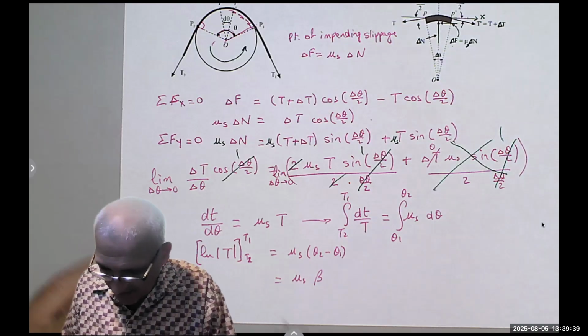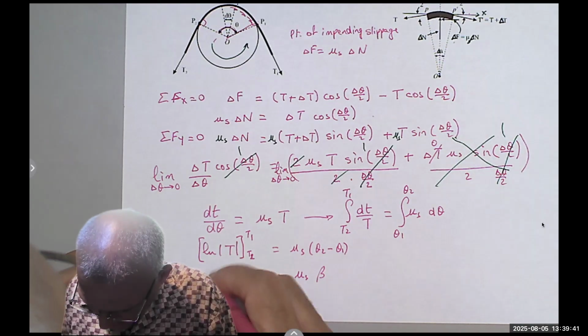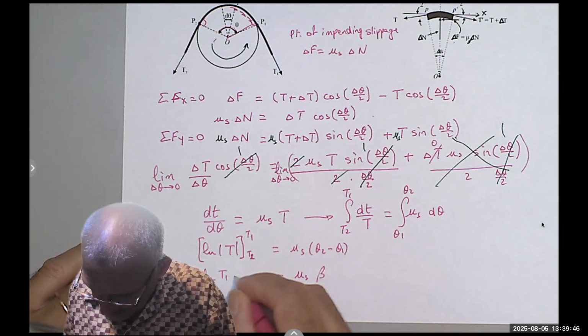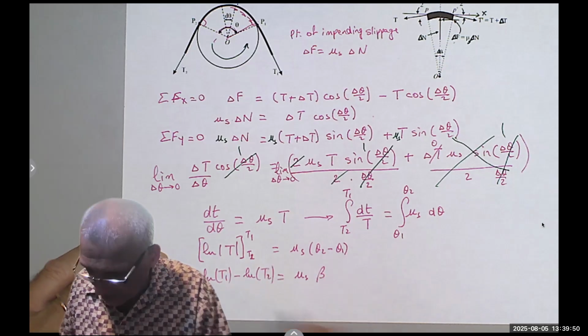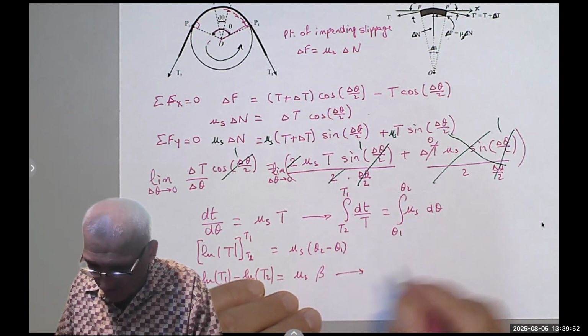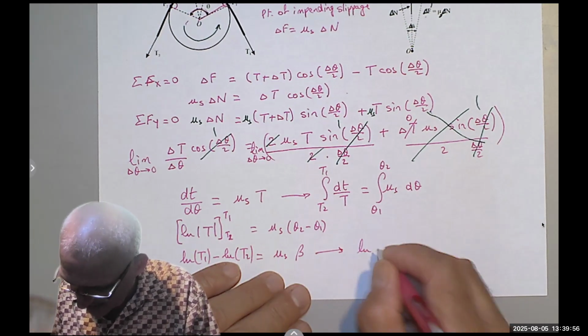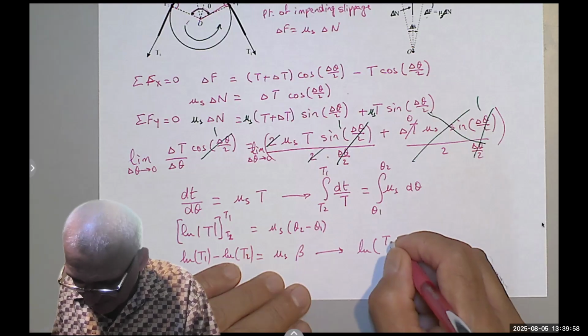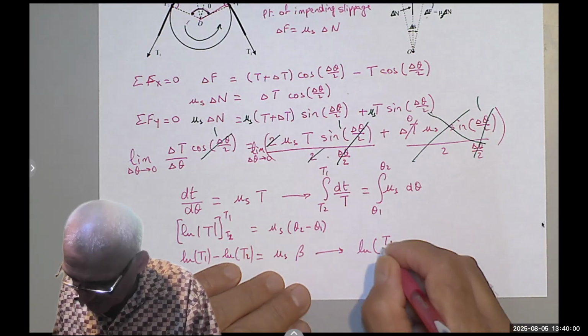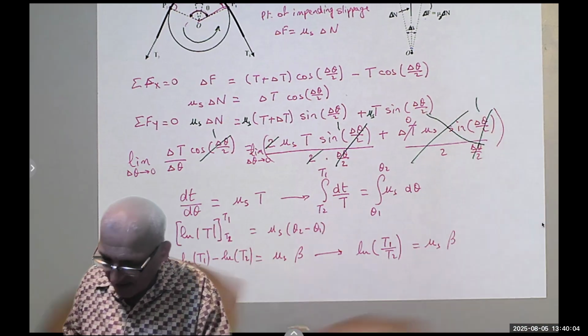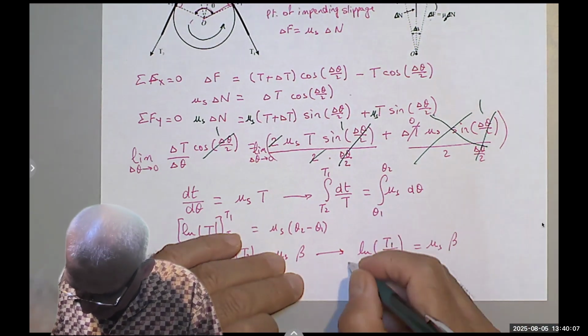Okay, so this becomes natural log of T1 minus natural log of T2. We know the laws of natural log. If you have a difference of two natural logs, you can write it as natural log of T1 over T2 equals mu sub s times beta, and then you exponentiate both sides.